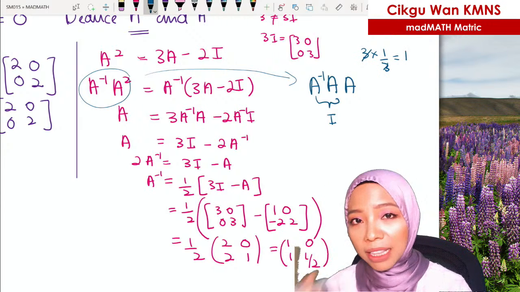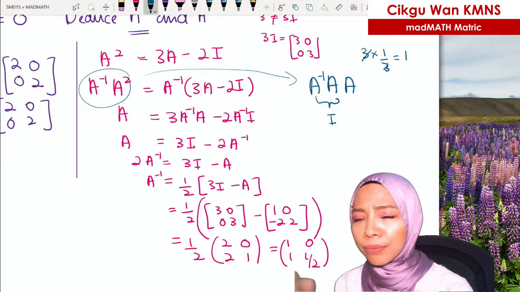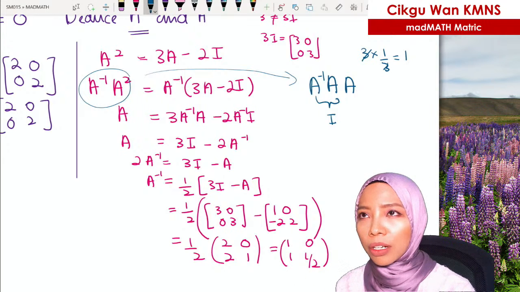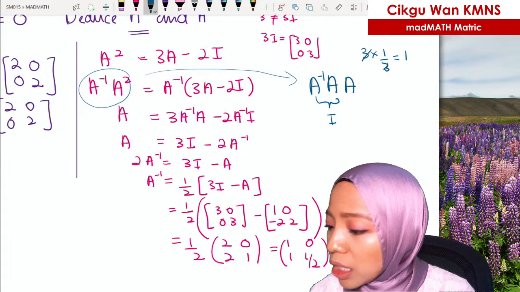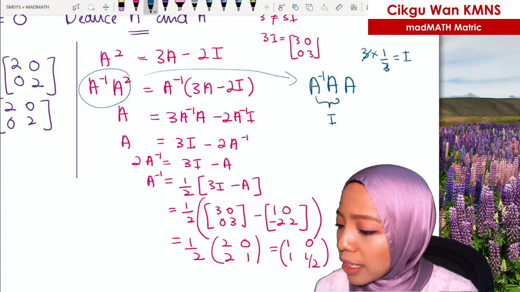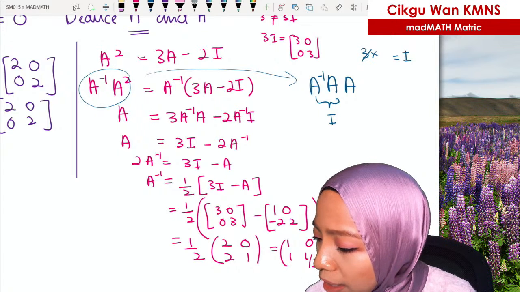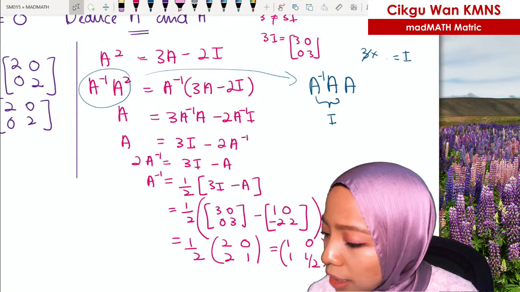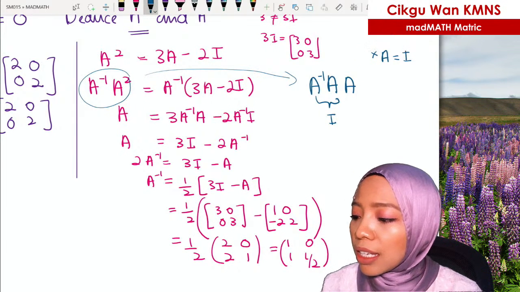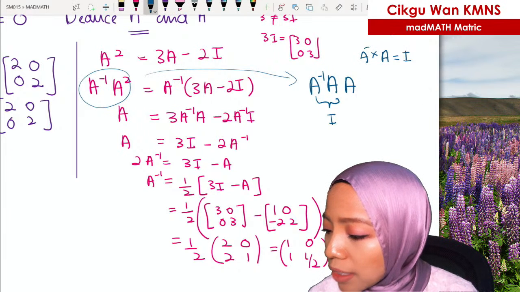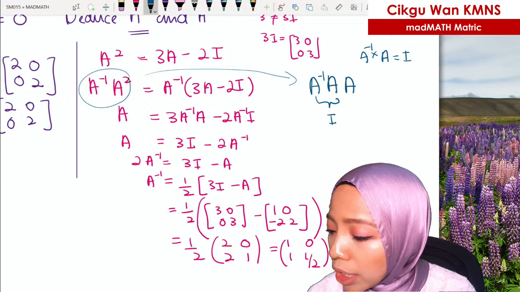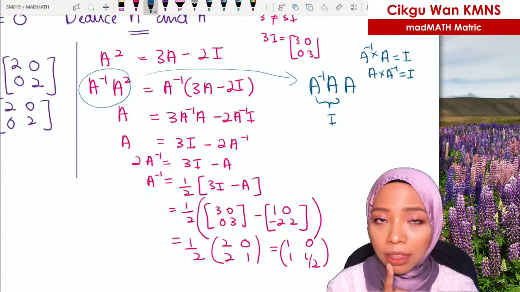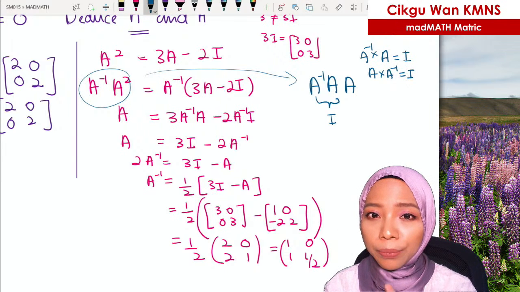Itu dalam matematik kita cakap 1, dalam nombor, dalam integers. Tapi kalau dalam matrices, kita sebut ini identity dan ini adalah A. So inverse untuk A tadi ni adalah A inverse. So again, A inverse multiply with A or A multiply with A inverse will give us identity. Itu satu yang you kena tahu.